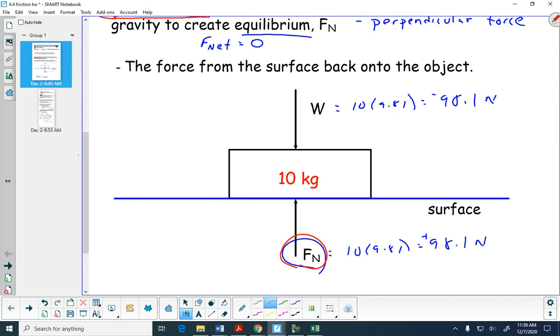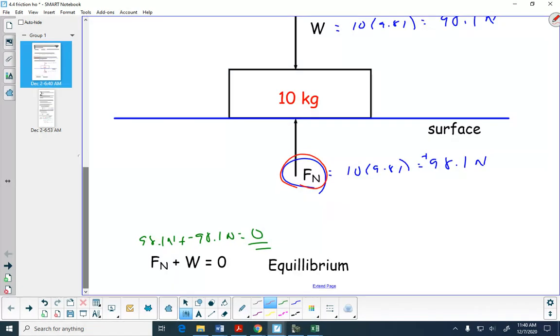Once again, as you walk, you're not springing upwards because the floor is pushing you upwards on every step. Most normal floors are not like that. I know you can get some fun floors that will spring upwards. So our force normal is equal but opposite to weight.